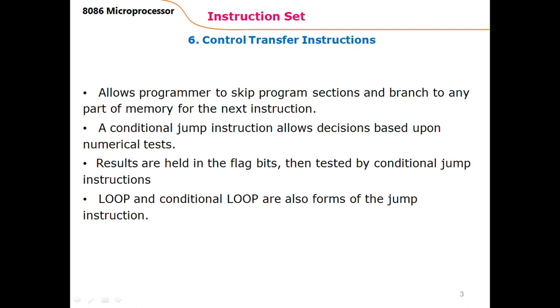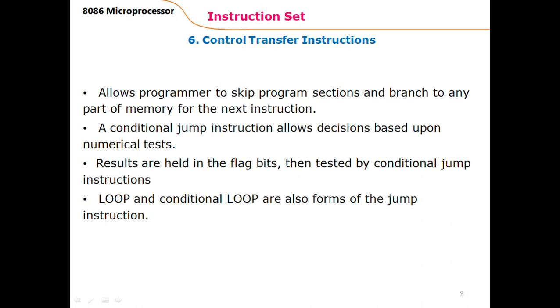But instead of the sequential execution, there is a set of instructions as well to change the flow of control from sequential to any other location. Control transfer instructions do exactly that. In control transfer instructions, there are conditional jumps as well. A conditional jump instruction allows decisions whether or not to jump based upon a numerical test using compare and test instructions.